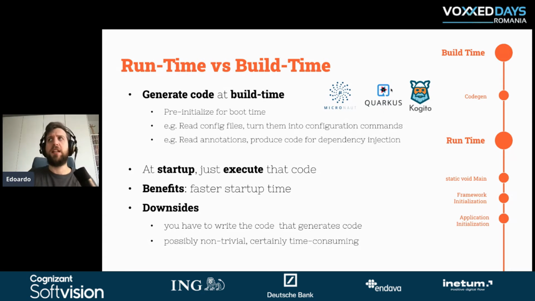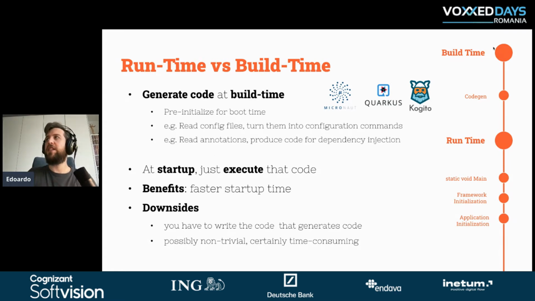And Quarkus developed the idea by making the use of GraalVM for native compilation a first-class construct, so to speak, a first-class citizen of the framework. Cogito, I'm putting it here because meanwhile, we were already experimenting with doing code generation to improve our boot time. So now we lay our code base on top of Quarkus, but a lot of things are supported even on a different runtime, Spring Boot, because we do our own code generation.